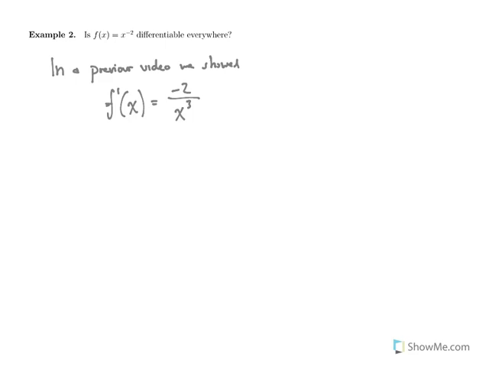And you can use the limit definition of the derivative to show that again if you need to. So the question is, is this function differentiable everywhere? And we know that f prime of x is not continuous at x equals 0 because there are domain issues. You can't plug 0 into the denominator.